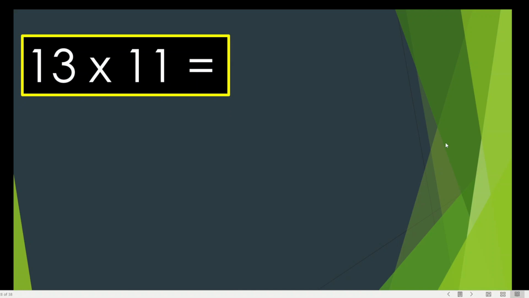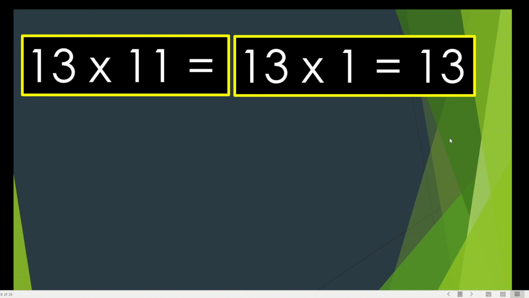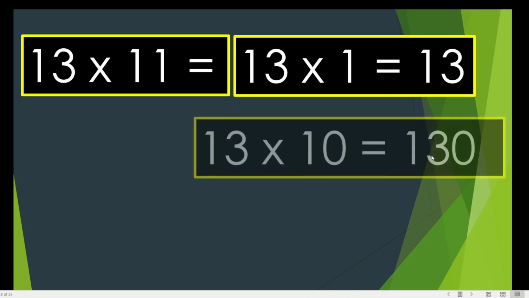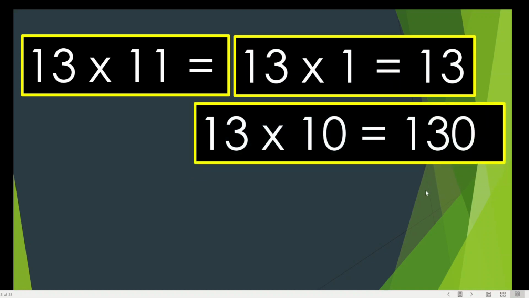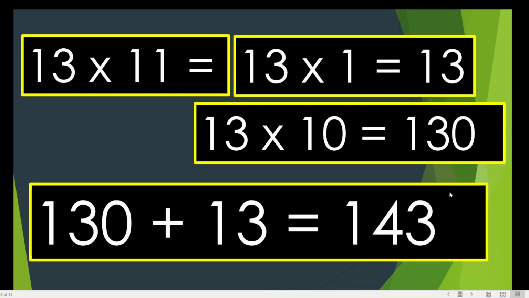Next one is 13 times 11. So we have 13 times 1 equals 13 as our first partial product. 13 times 10 equals 130 as our second partial product. Add together the partial products, 130 plus 13, so we will get 143. Okay, very good, guys.